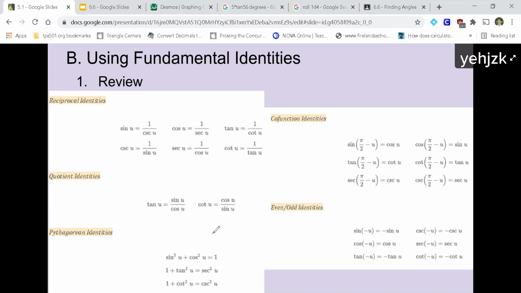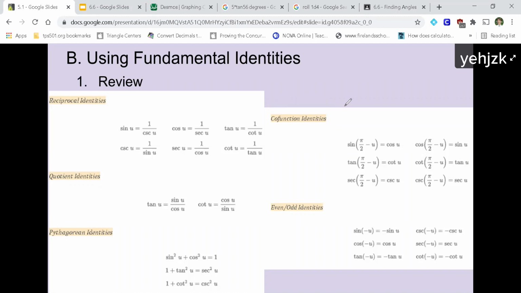The Pythagorean identities, which I feel like are used quite a lot. It's a favorite to go to. The Pythagorean identities state that sine squared plus cosine squared is 1. 1 plus tangent squared is secant squared. 1 plus cotangent squared is cosecant squared. We didn't use these last time we were simplifying trig expressions and proofs, but these are really not that hard.